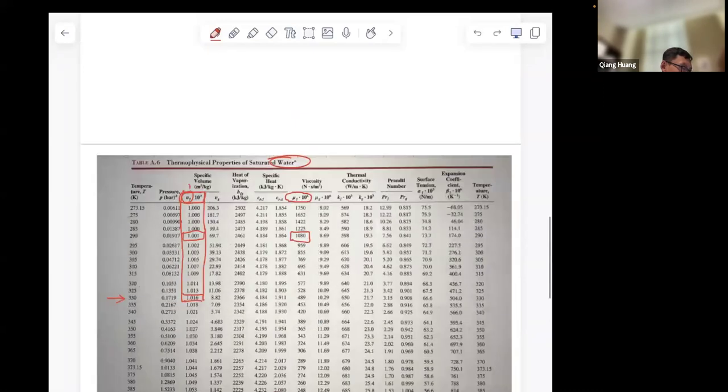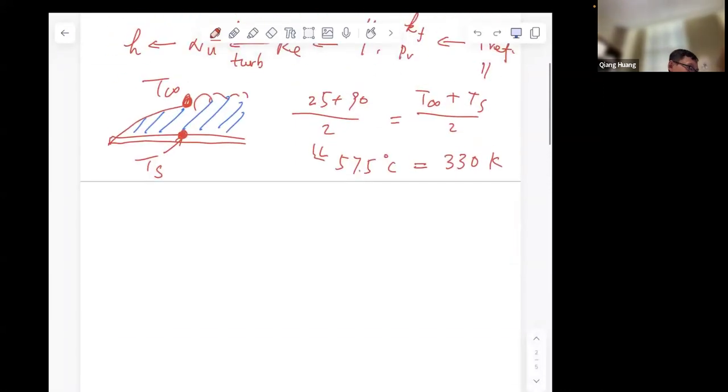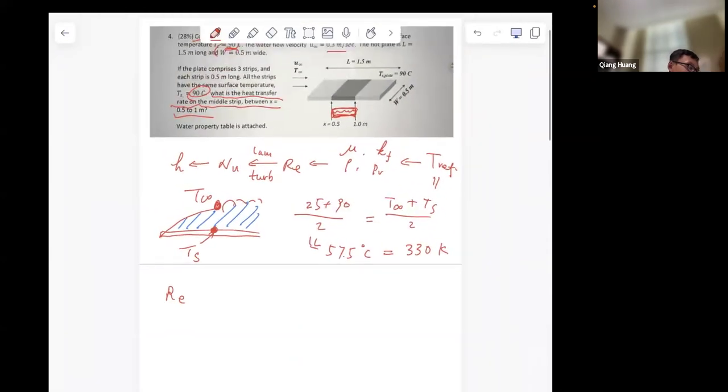Once you have the properties from here, then you can calculate the Reynolds number. Again, what we are interested in is this section. First of all, we want to find out what the flow is on this section. So we need to find the Reynolds number at the beginning of the section we're interested in, and also the Reynolds number at the end of the section.